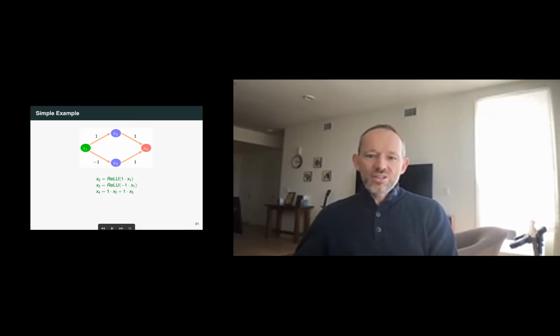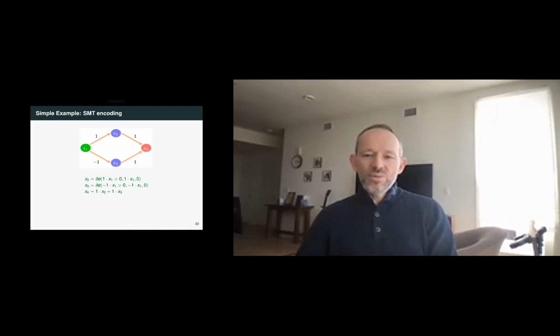We would say that x2 is the result of applying the ReLU function to 1 times x1. And the value x3 is the result of applying the ReLU function to -1 times x1. And then x4 is just the sum of x2 and x3. Okay, so that completely describes this network.